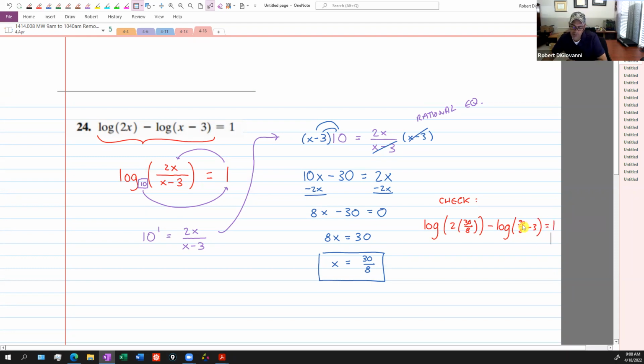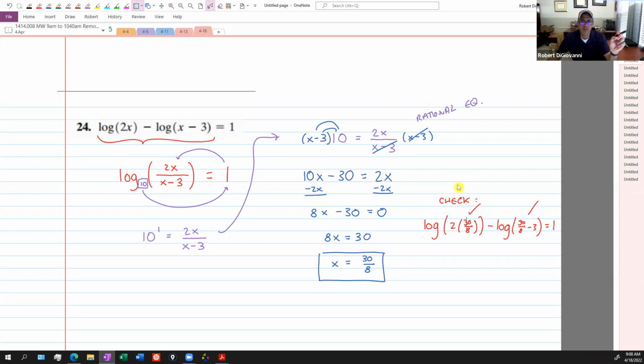Does that work? What's 30 divided by 8? That's bigger than 3, isn't it? It's 3.75. So 3.75 minus 3 is a positive number. So it checks out here, right? Both of those check out. So I know that that solution is valid.